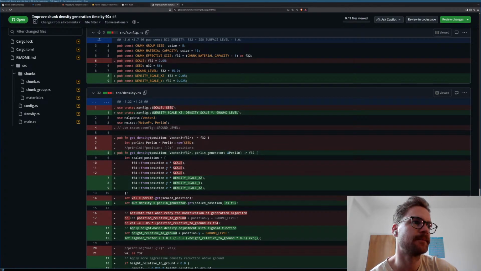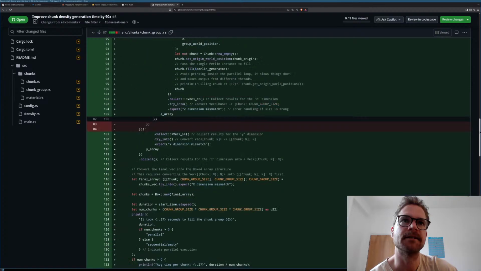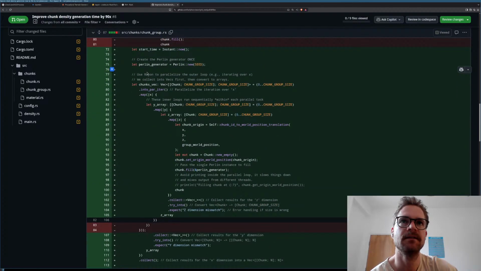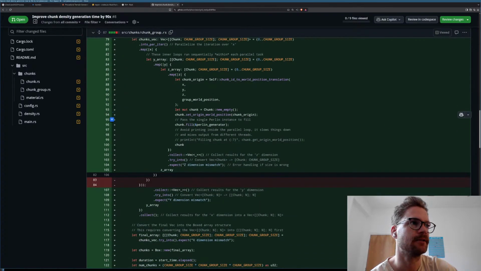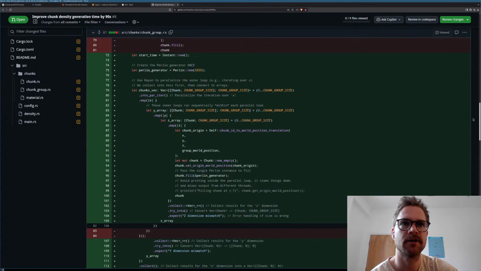Huge improvement. And then the final thing was using rayon to parallelize the filling of the chunks, and that reduced it to almost 1 millisecond per chunk.